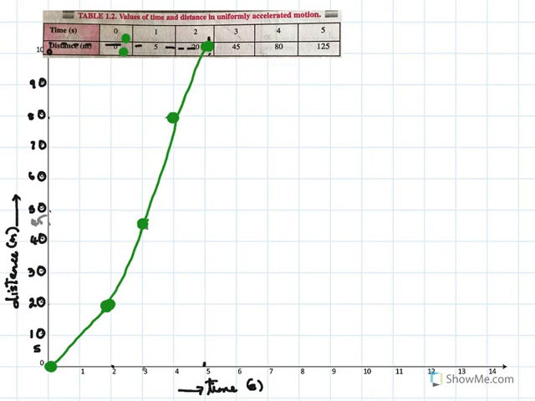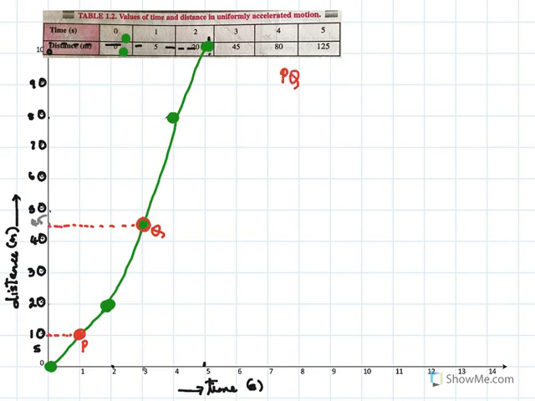Let us take from 1 to 3 seconds. At 1 second it is at this point P, and at 3 seconds it is at this point Q. At P the distance is 10. At Q the distance is 45.